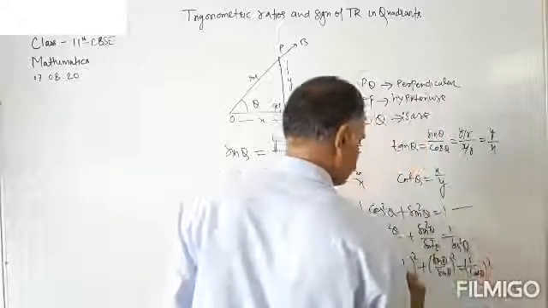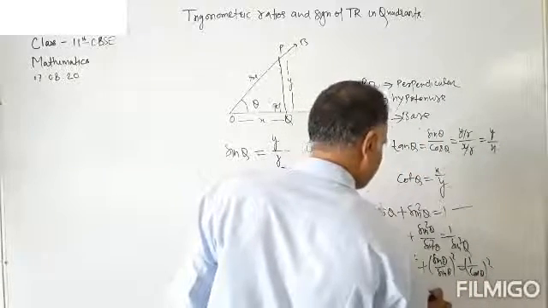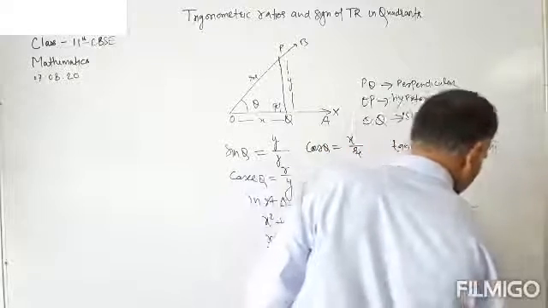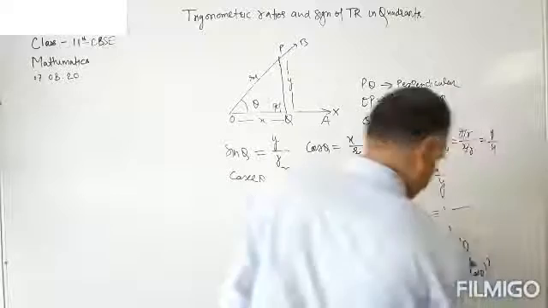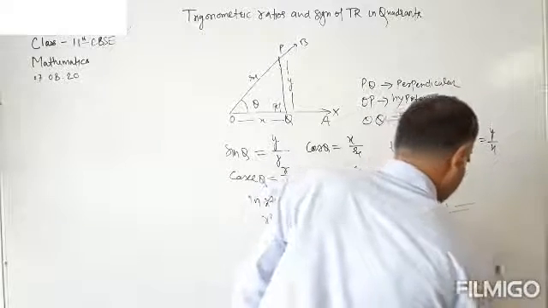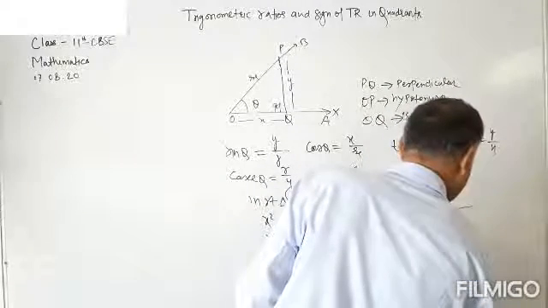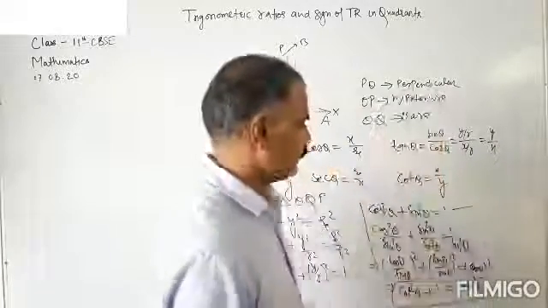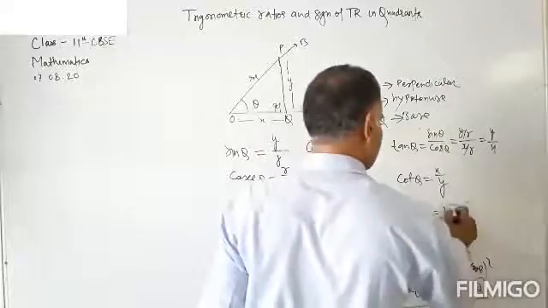So this is cot square theta plus 1 is equal to 1 upon sin theta, that is cosec square theta. Okay, so cot square theta plus 1 equals cosec square theta.